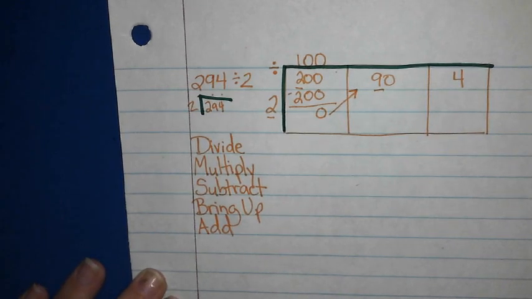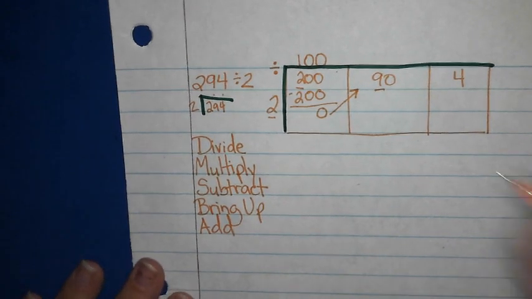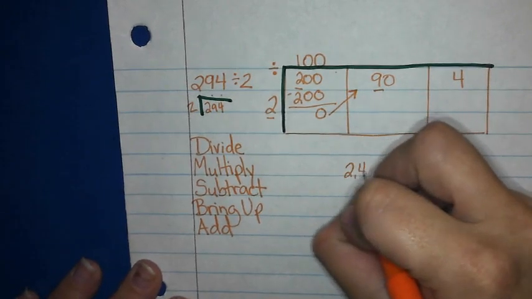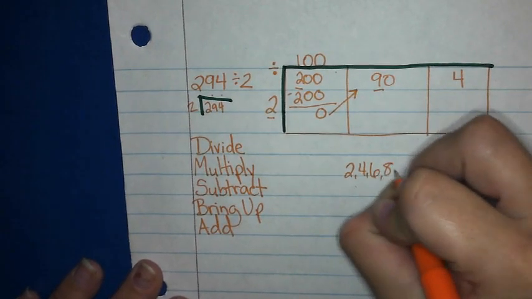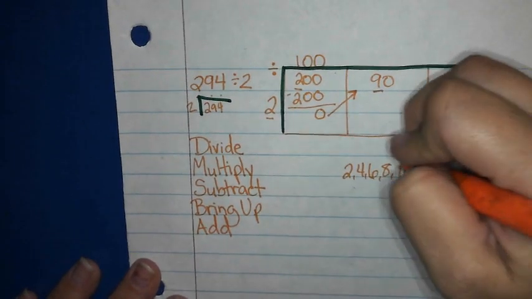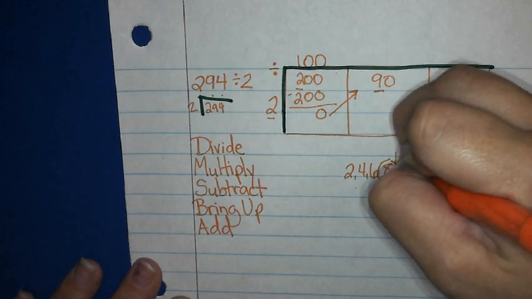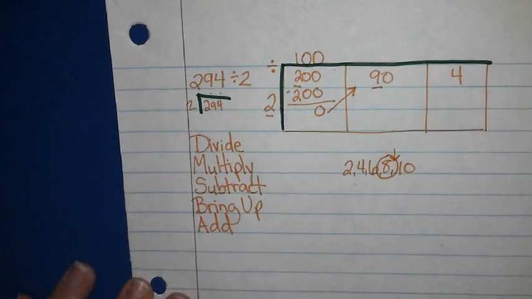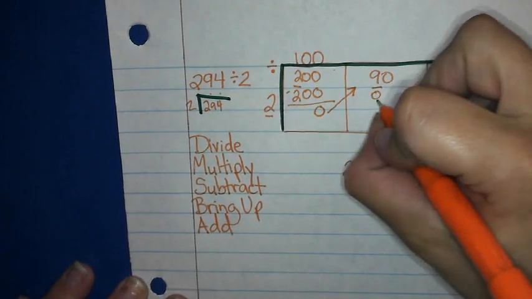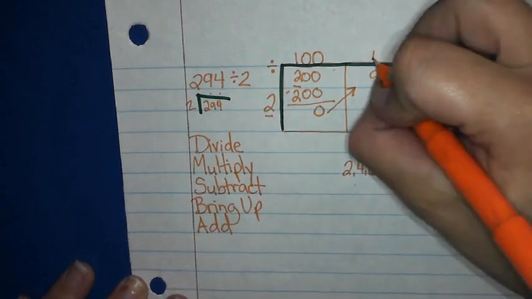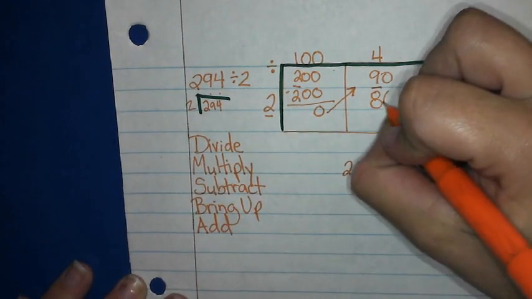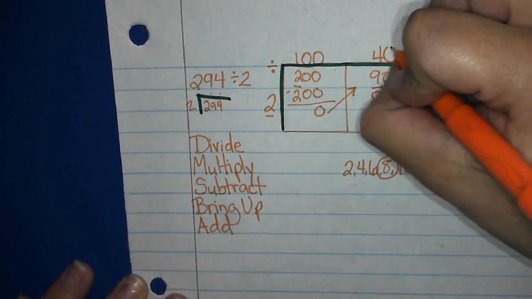Well, 9 is not a multiple of 2. So we see how close we can get. 2, 4, 6, 8, 10. 9 would sit right there. So the closest I can get without going over is 8. If I need to get 8 down here, it needs to be 2 times 4. It's not 8, it's 80, so it's going to be 40.